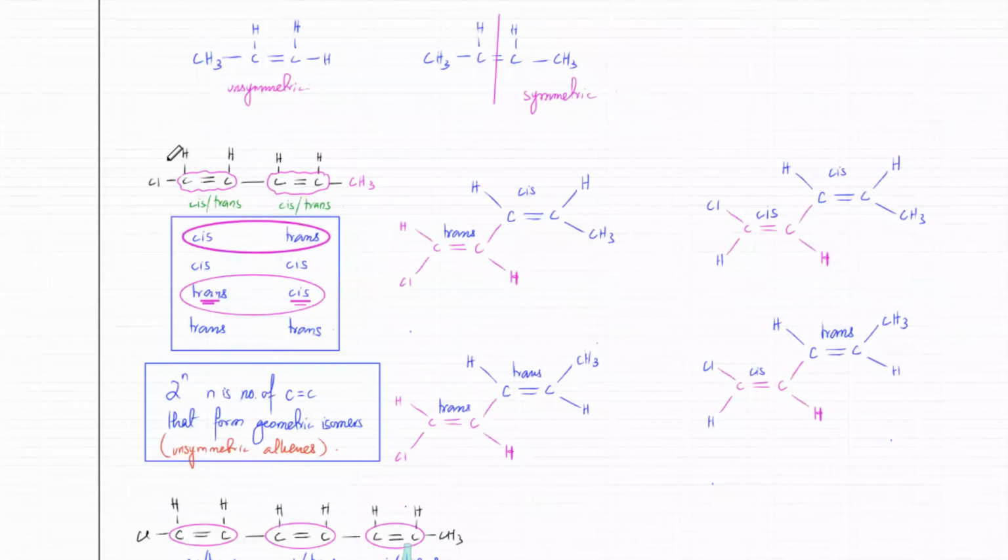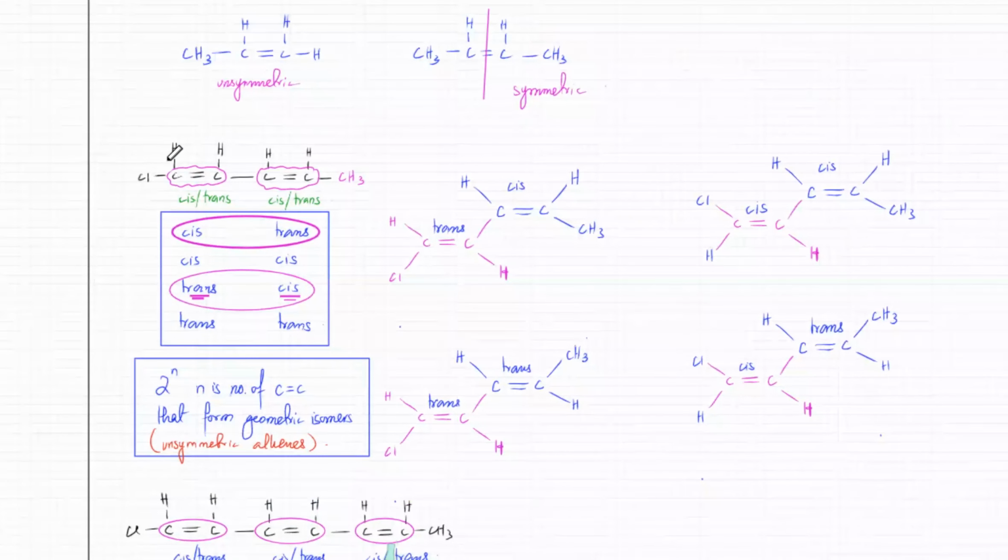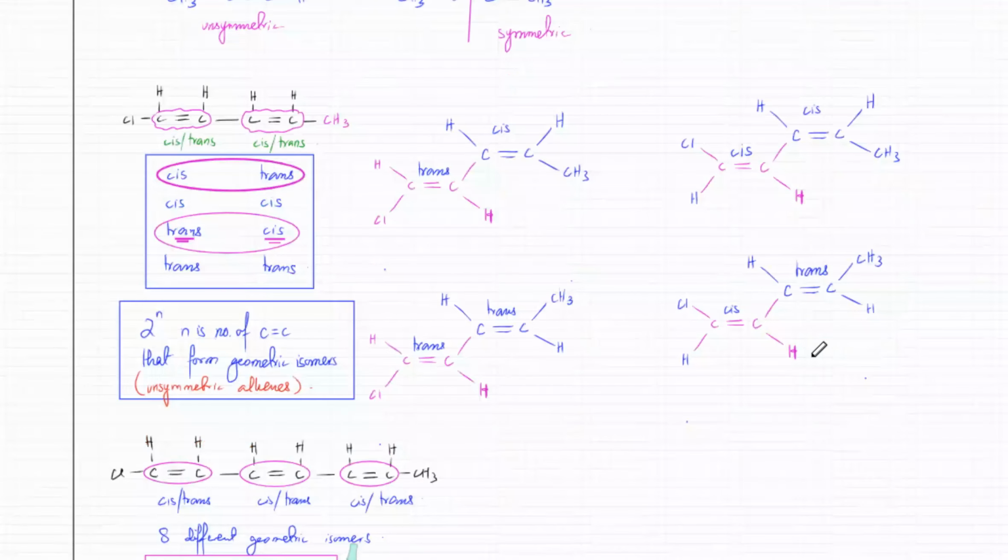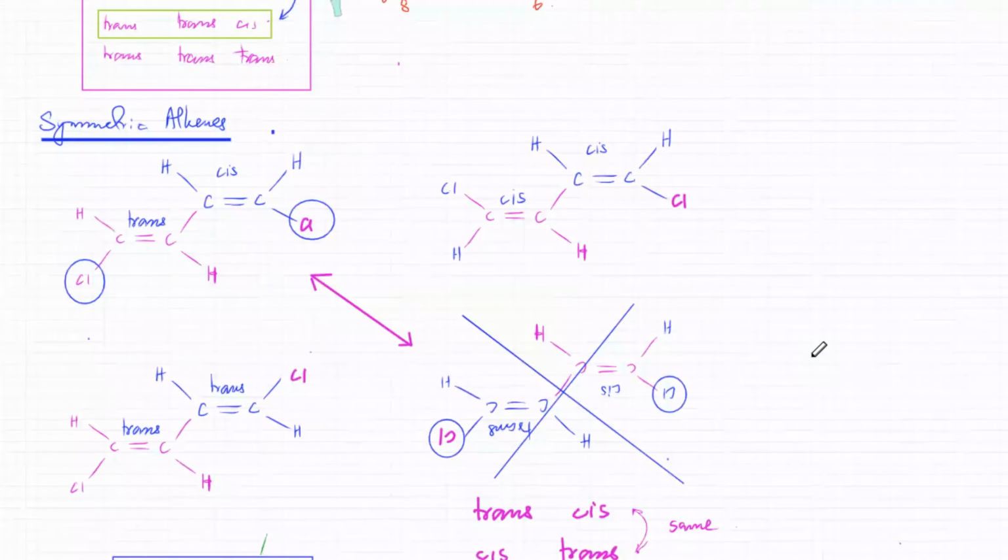So coming back, I'm just going to sum this up. 2 to the power n is going to work if you have an unsymmetric alkene. Every arrangement is going to be a unique arrangement. But if it's a symmetric molecule, then these two, trans cis and cis trans, are going to be the exact same arrangement, not different arrangements, which I showed you over here.